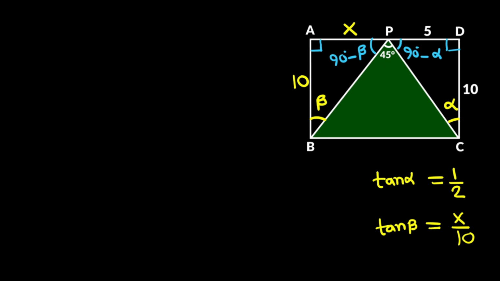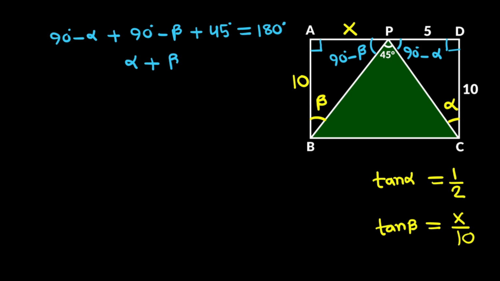All three angles must add to 180. So 90 degrees minus alpha plus 90 degrees minus beta plus 45 degrees is 180 degrees. So when you simplify that, you get alpha plus beta equals 45 degrees.